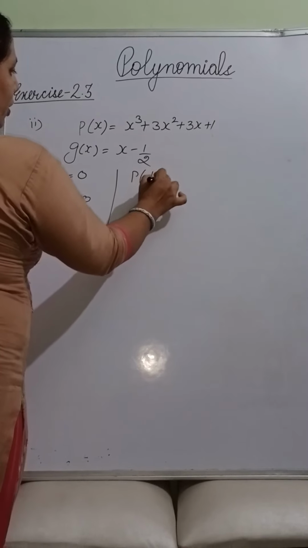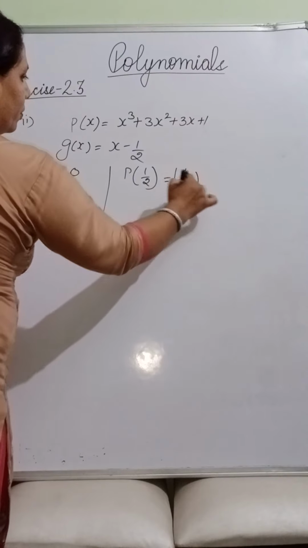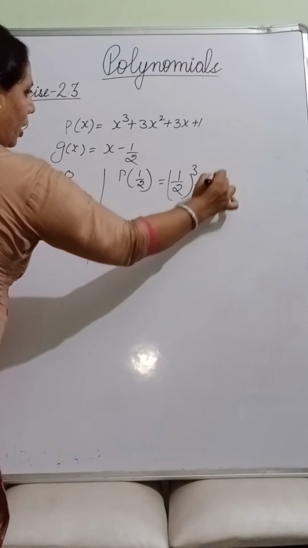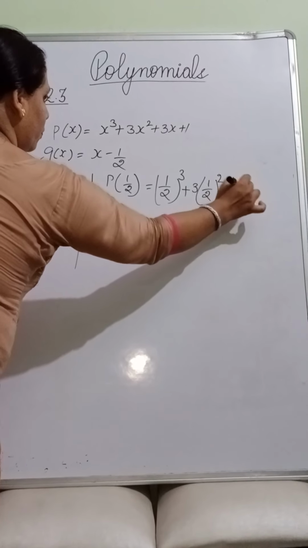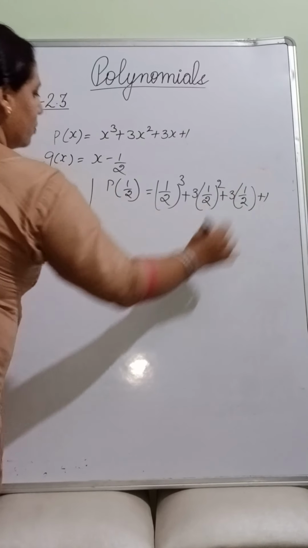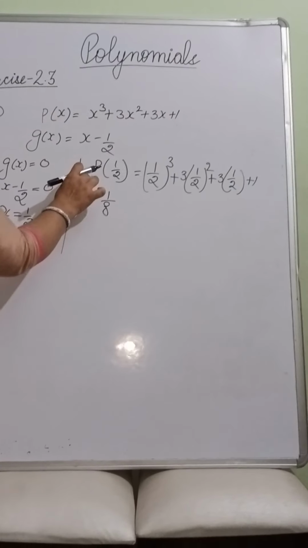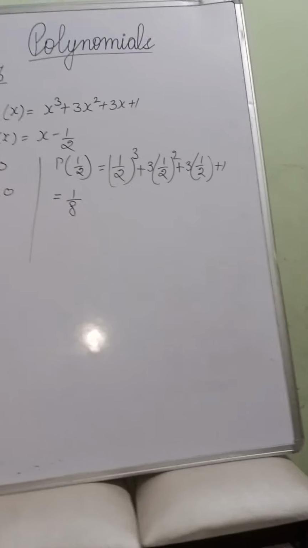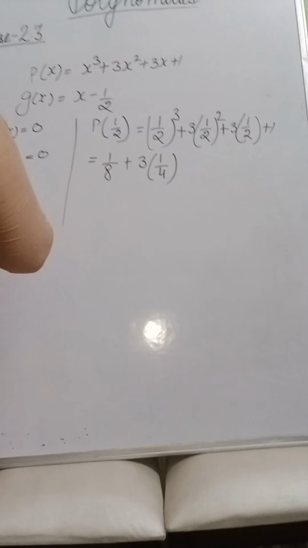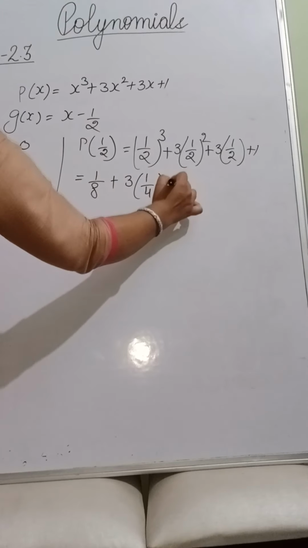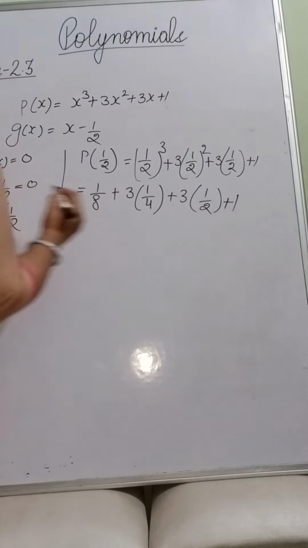P of 1 by 2. 1 by 2 cube plus 3 into 1 by 2 square plus 3 into 1 by 2 plus 1. 1 by 2 cube, that will be equal to 1 by 8 plus 3 into 1 by 4 plus 3 into 1 by 2 plus 1.